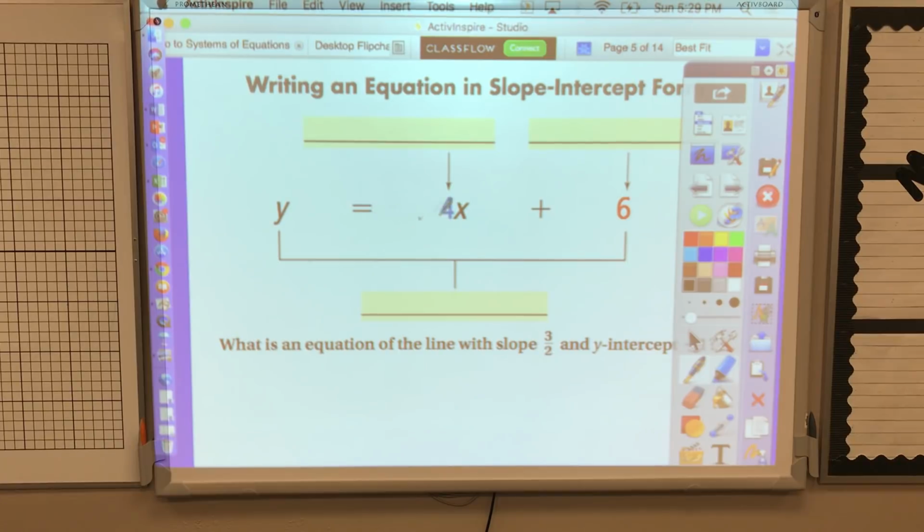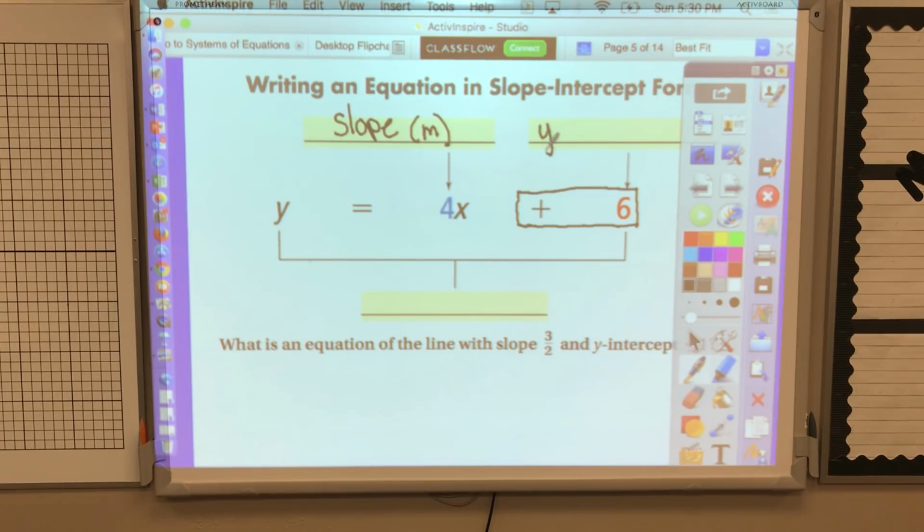In slope-intercept form, as we just said, y equals 4x plus 6 is an example. This 4 is your slope in this equation because it's the coefficient of x. It's representing that m. And this plus 6, this part right here goes together. Whatever the symbol is tells you what your y-intercept is.